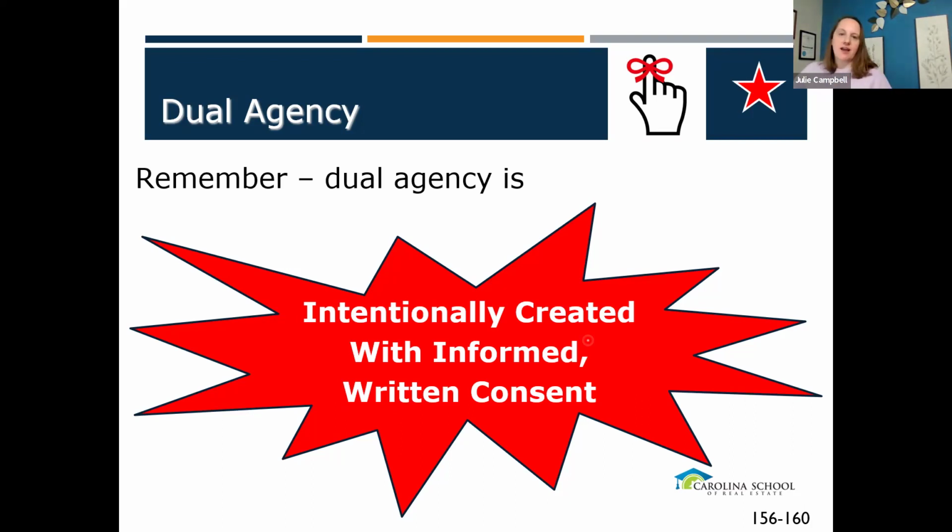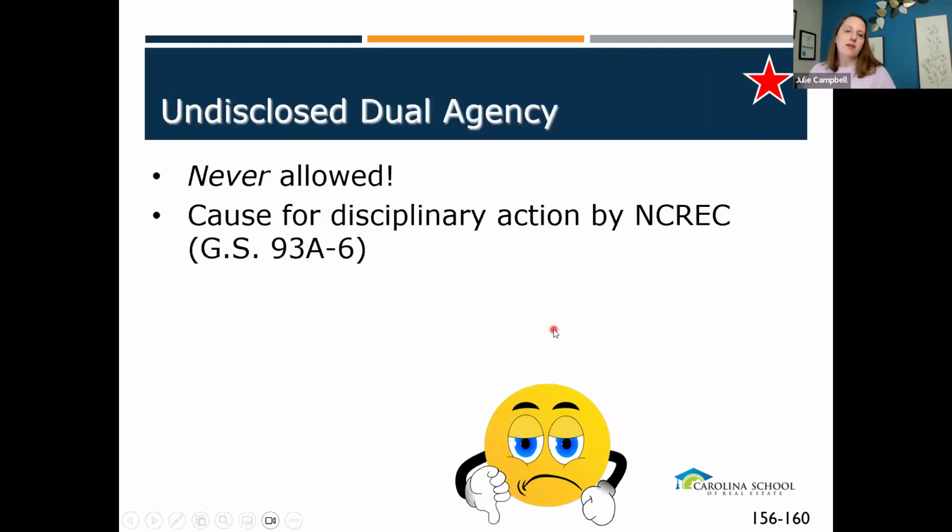So with that being said, the big no-no in dual agency is undisclosed dual agency. Undisclosed dual agency means we just start acting like a dual agent without it being intentionally created with informed written consent. This will allow you to go down for disciplinary action. By the way, General Statute 93A-6, that's license law and commission rule. Specifically, 93A-6 is the disciplinary action.